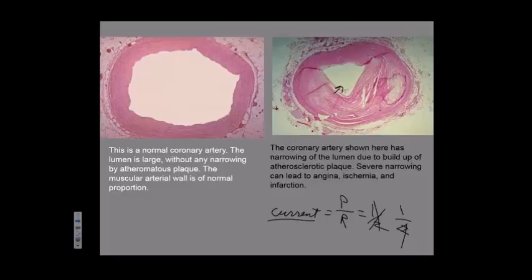Get it? In order to increase the current back to 1/2, what do we have to do? We have to increase the pressure to get it back to normal, right? How are we going to do that? We're going to tax the heart. We're going to make the heart work harder.